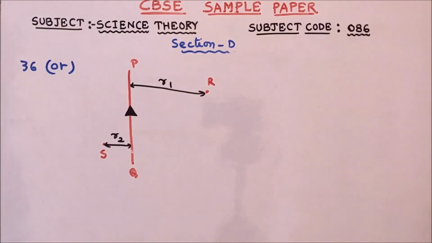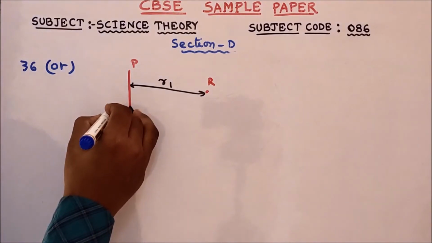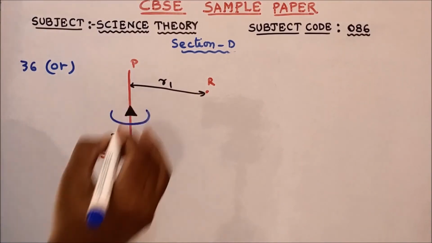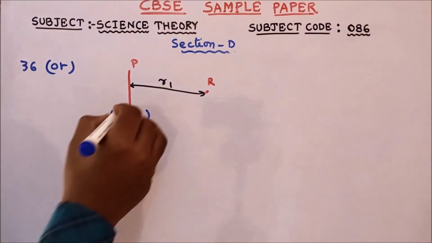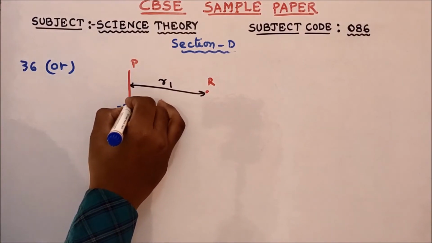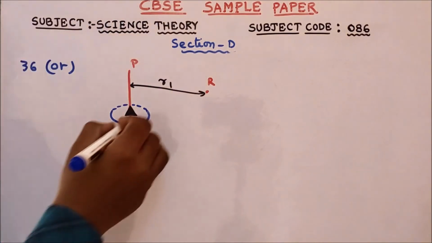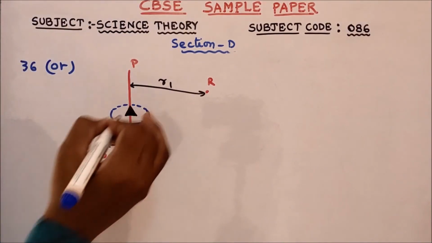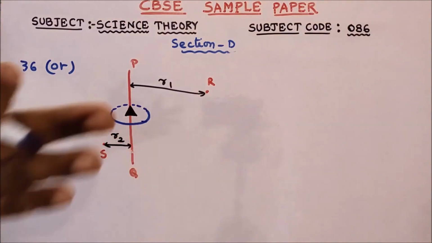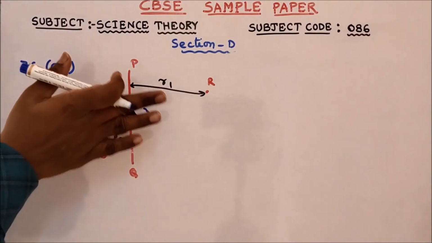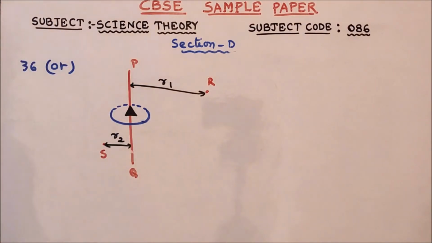What is the shape of magnetic field lines for a straight current carrying conductor? Those are concentric circles. So let me draw concentric circles for you. I'll be drawing dotted lines for the magnetic field lines which are behind the conductor on the other side, and the dark ones indicate the magnetic field lines on this plane, above the current carrying conductor.